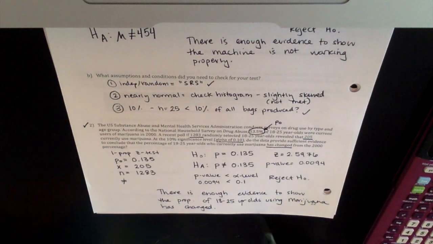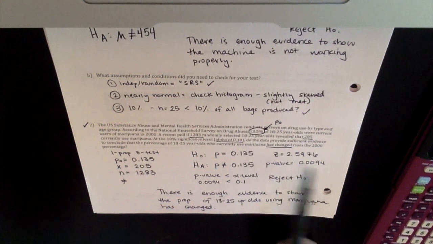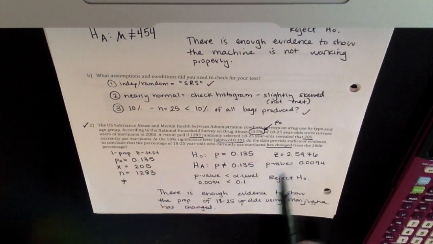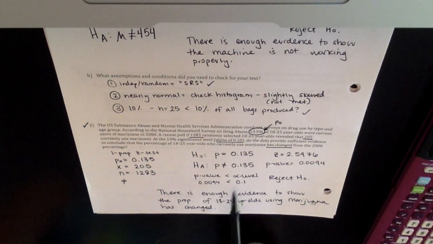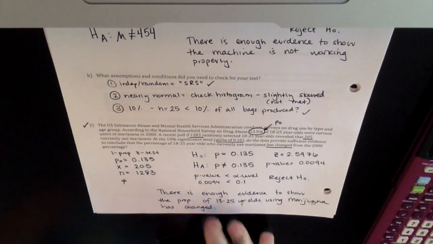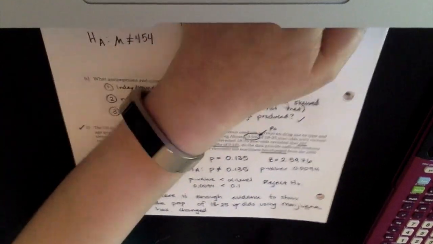Right, so that's all we're able to show. I mean, technically we did show that it increased by 2.6 standard deviations. However, the test results imply that it has changed. All right, I'm moving on to the next page.